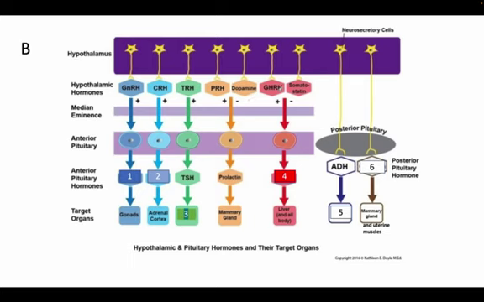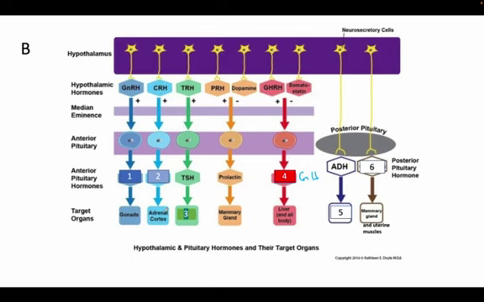Similarly, GHRH, which is growth hormone releasing hormone, is secreted from the hypothalamus, which secretes growth hormone from the anterior pituitary, which affects the liver and the rest of the body. Similarly, you can figure out what happens when CRH is secreted from the hypothalamus.